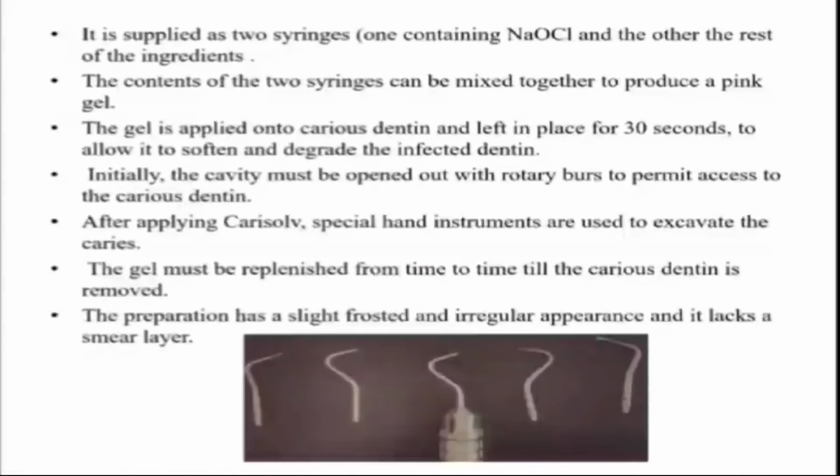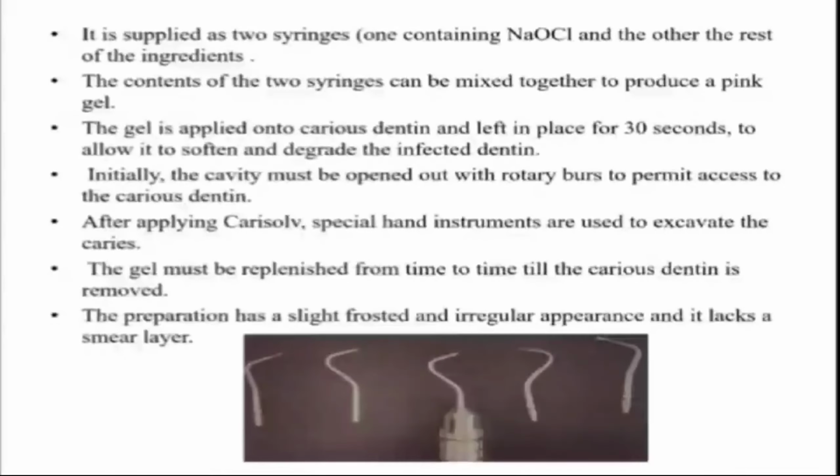It is supplied in 2 syringes, and the contents of the 2 syringes are mixed together to produce a pink gel, which is applied over the dentine and left for 30 seconds. So it will soften the infected dentine.